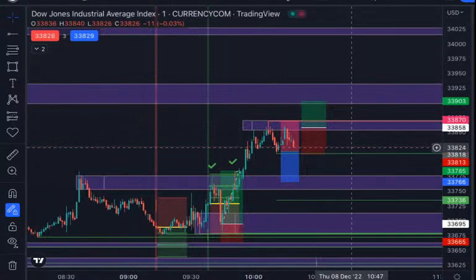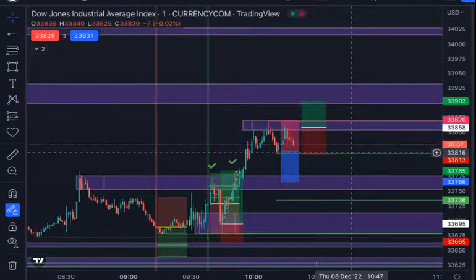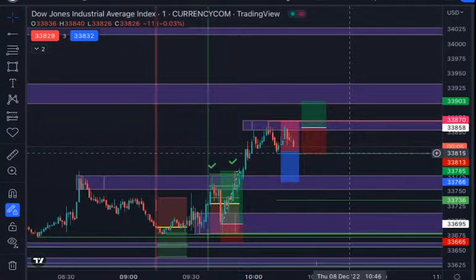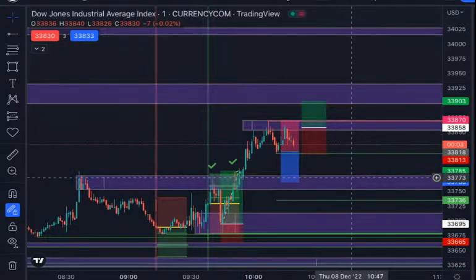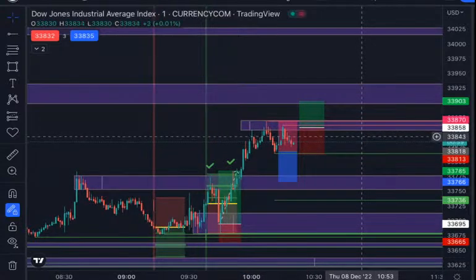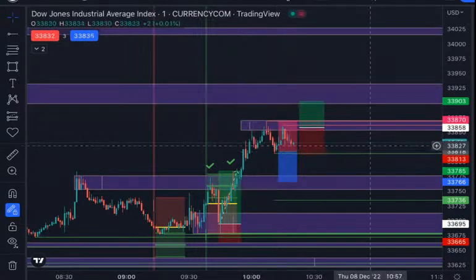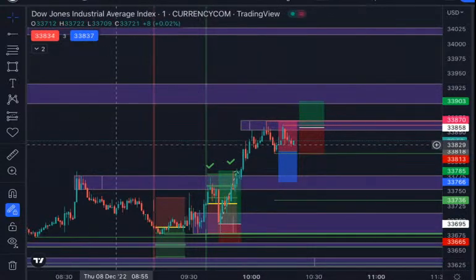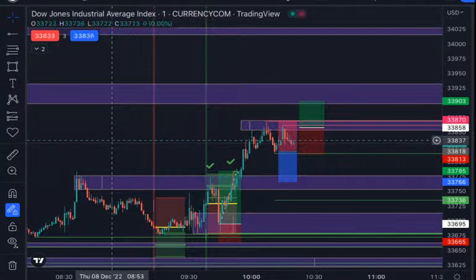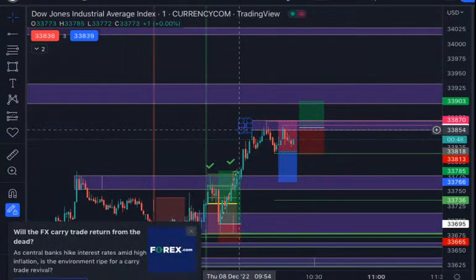I will be entering this short. If it closes below here, I will be entering it and taking it down to these levels. Alright, price is putting together quite a bit of liquidity up here.